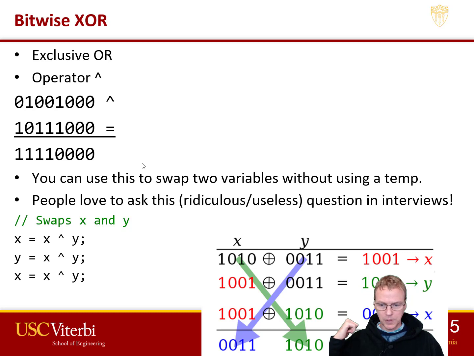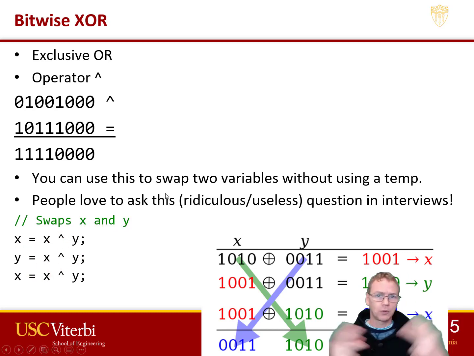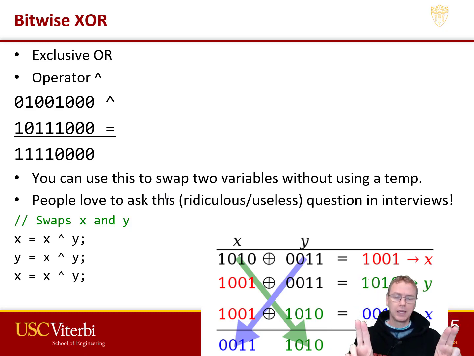Now where this comes up, and I've seen this in McDowell's Cracking the Coding Interview book. I've seen it elsewhere, I think, as well. So apparently people do sometimes still use this. An interesting little piece of trivia is that you can use the exclusive OR to swap the value of 2 variables. Like normally if you want to swap x and y, I would just say z equals x, x equals y, y equals z.